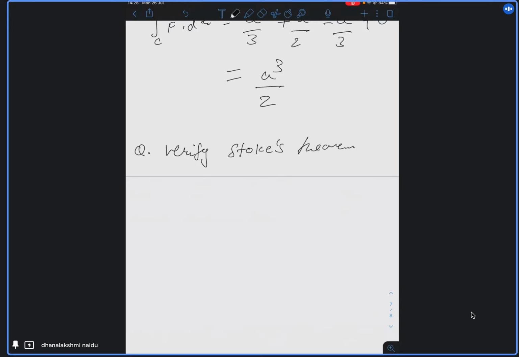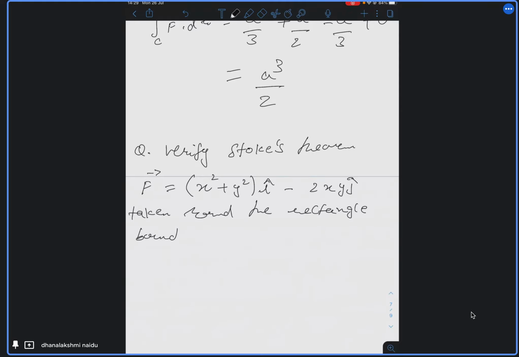Verify Stokes theorem for f bar equal to (x square plus y square) i minus 2xy j, which is taken round the rectangle bounded by the lines x equal to plus or minus a, y equal to 0, y equal to b.